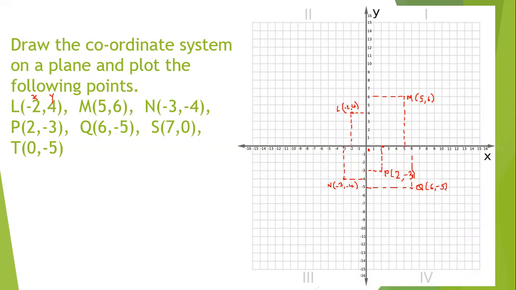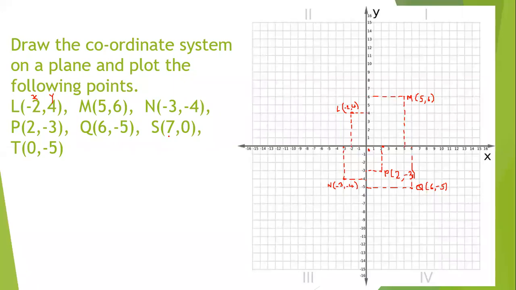Now, the next point is point S, and the coordinates given to us are (7, 0). Now, you have to be careful in this since we have 0, right? So, one of the coordinates is 0. It means the point is on the axis. So, here the y coordinate is given as 0. It means this point is on x-axis.